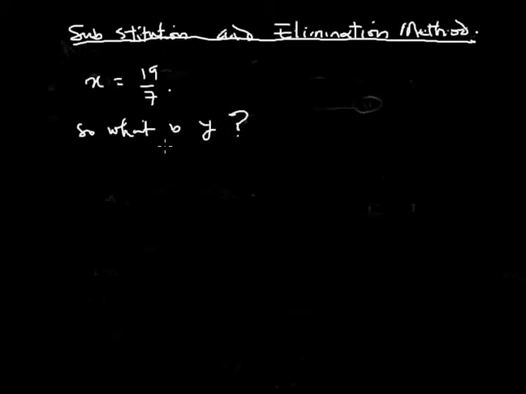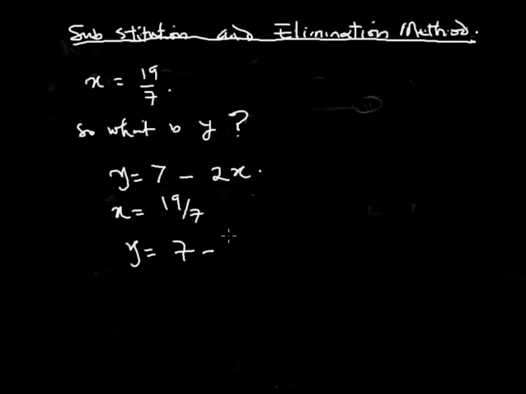To get the value for y, since we know y is equal to 7 minus 2x, and we know the value of x is 19 over 7, what we just need to do is so simple. y is equal to 7 minus 2 times 19 over 7.